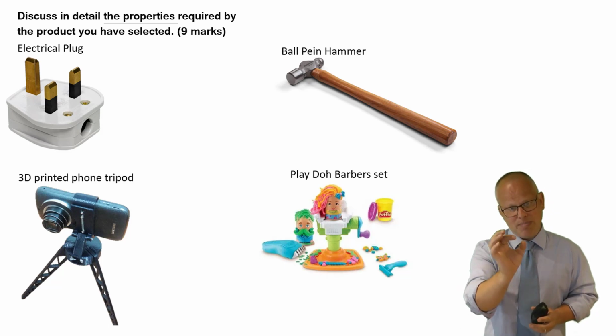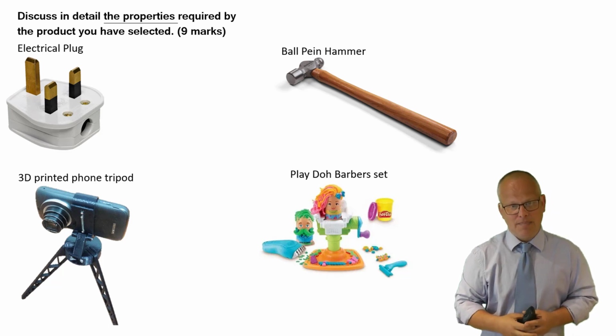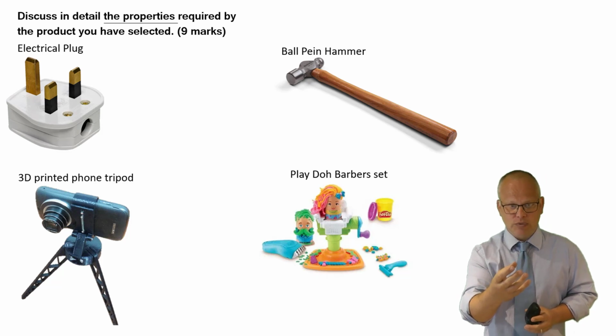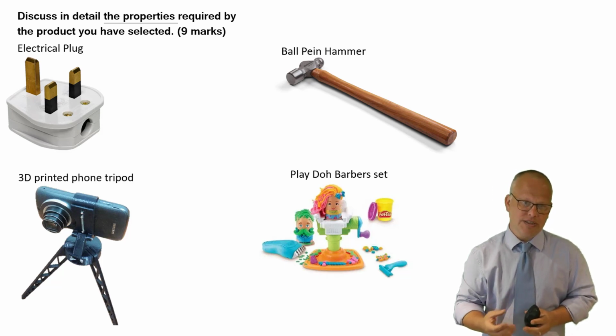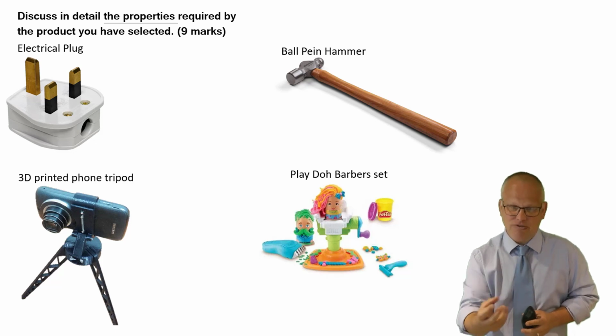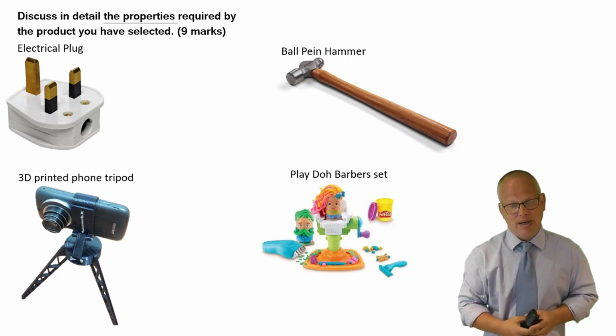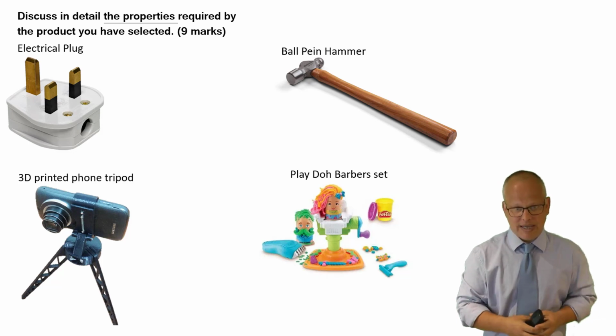You might talk about the black tape, or the black coating around 2 of those pins, being an insulator, which is therefore able to help prevent electric shock if people are pulling it out without taking a lot of care.